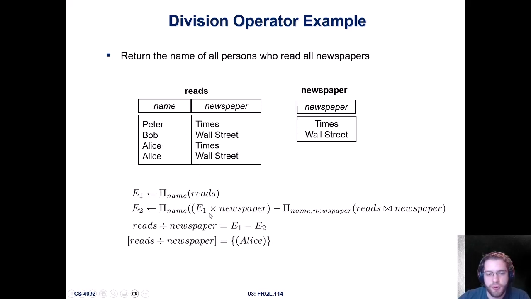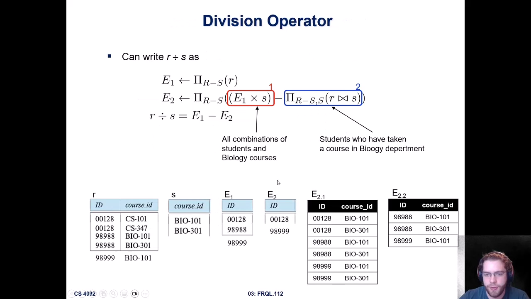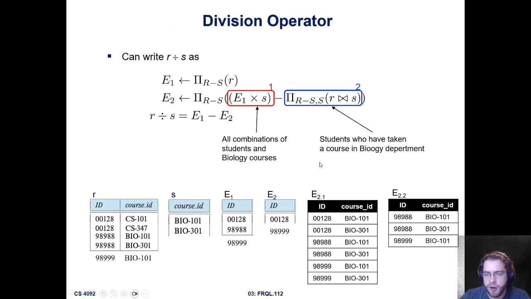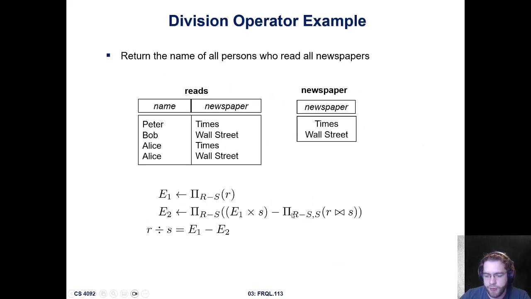From this projection, get that relation, so everyone, and get the Cartesian product of every newspaper. That's similar to what we had back in E2.1 with all these IDs to each course ID. Subtract that, subtract everyone's Cartesian product from the individuals that have actually read the newspaper themselves.